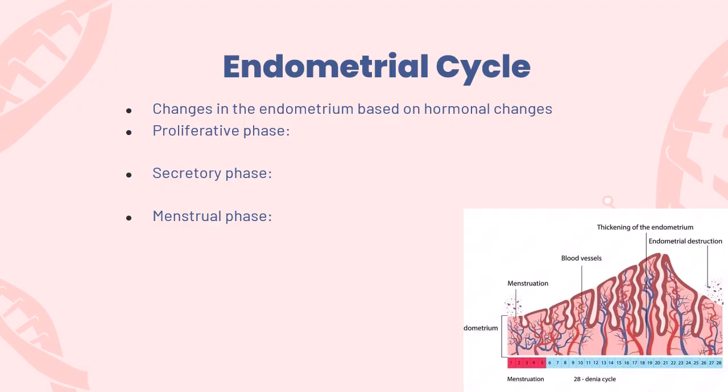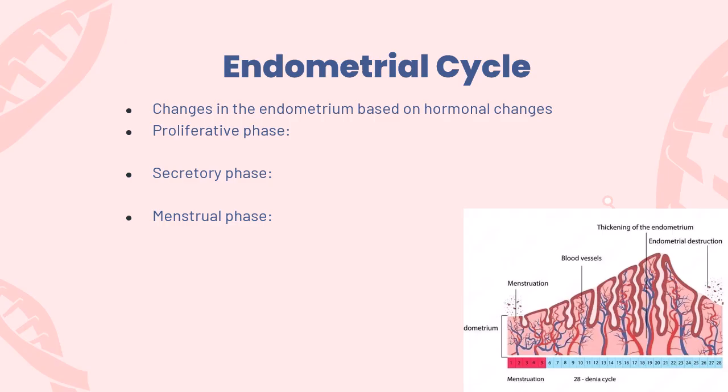Then you go into your secretory phase, which continues to severely thicken the endometrial layer, increasing blood supply to the area and thickening of the cervical mucus. That is the phase where the endometrium is fully ready to keep that implanted egg where it's supposed to be.